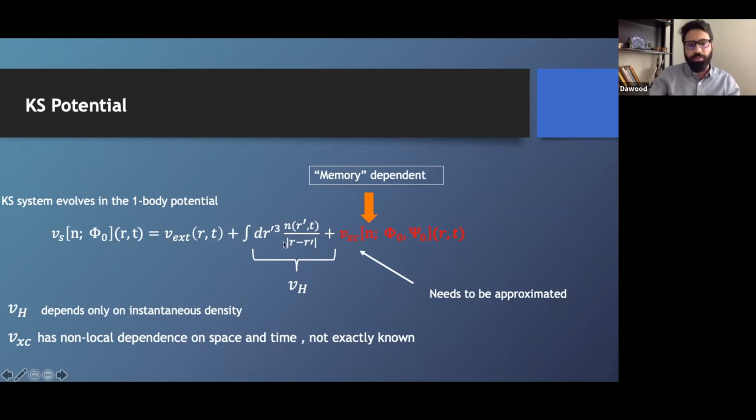And so even though TDDFT allows us to do this nice transformation, it doesn't come without its own difficulties. One of the difficulties is that this functional is not known exactly, and it needs to be approximated to be able to apply TDDFT to real systems. So how are the approximations made?